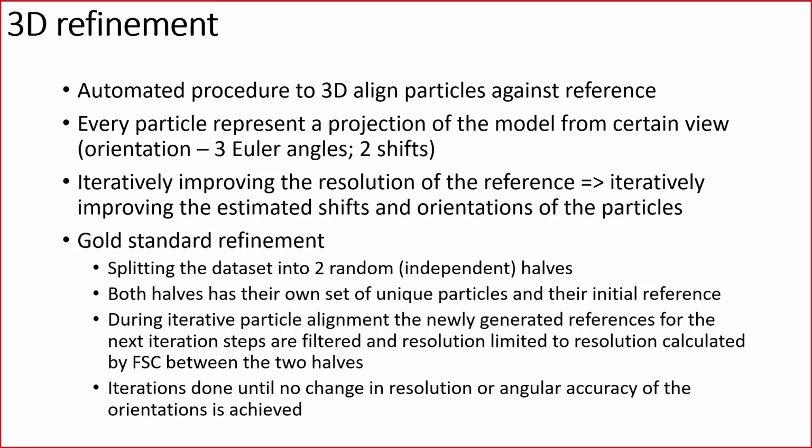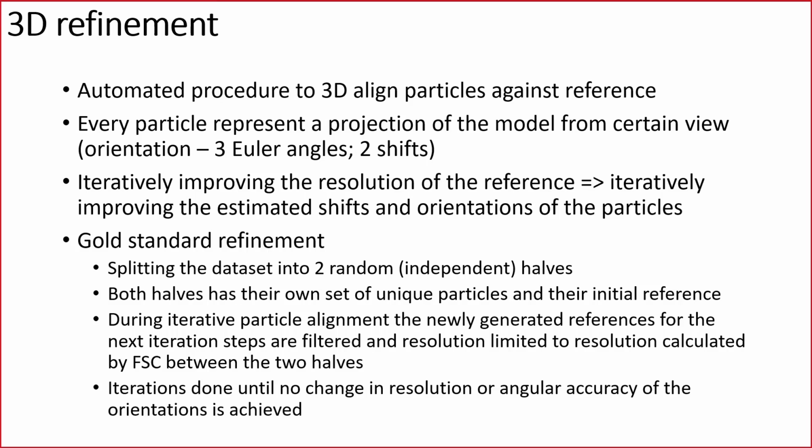And what we can do by the end, we can compare these two models, and if these two models correlate well, they are representing the same, then we can be sure that our model is truly representing our measured data. This is done by the so-called Fourier shell correlation, so it's done in Fourier space, and we are doing this gradually over all the refinement. So we are not doing the refinement and then measuring only at the last step, but in every step where we aligned our particles, reconstructing the half one volume and half two volume, we are comparing how well these volumes correlate.